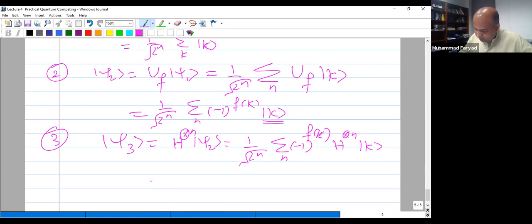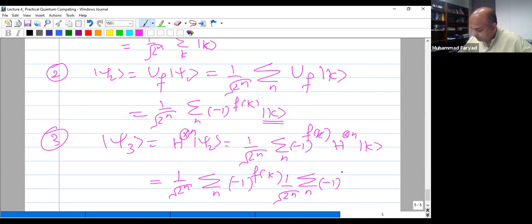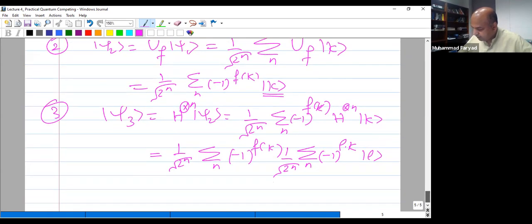We just worked this out: it gives 1 over 2^(n/2), sum over l of (-1)^(l·k) times |l>. This is the Hadamard transform: when the n-bit Hadamard transform works on this state, it is transformed to a superposition with the phase factors coming from (-1)^(l·k).